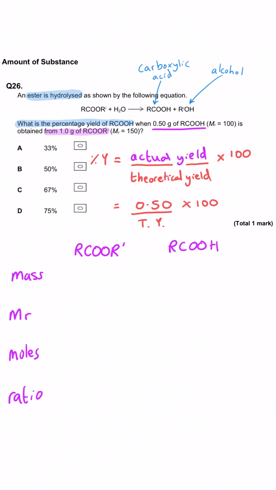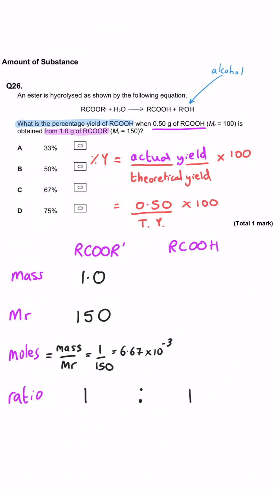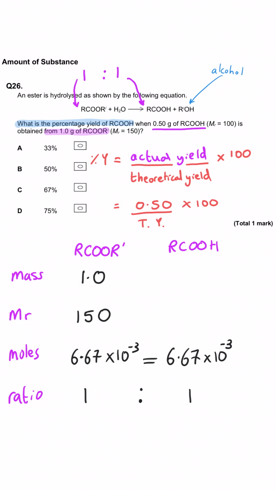To work out the theoretical yield, I would suggest that you structure it like this. You've got your ester and your acid. We know we've got 1 gram of the ester, MR is 150, so in terms of moles, that's 6.67 times 10 to the minus 3. It's a 1-to-1 ratio from the equation, so the moles of carboxylic acid that we should produce will be the same number.